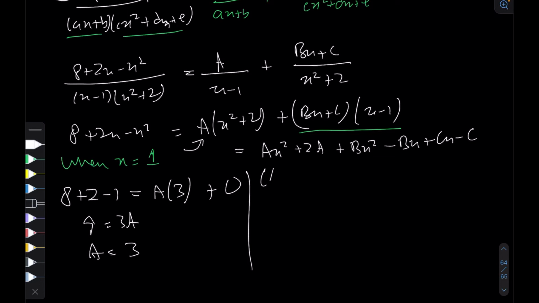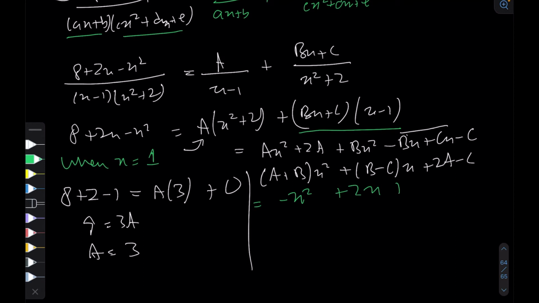Let's group this: a plus b times x squared, and then, sorry, this should be plus b minus c times x, plus 2a minus c. This is equal to minus x squared plus 2x plus 8. So in other words, a plus b must equal minus 1. A is 3, so b must be minus 4.